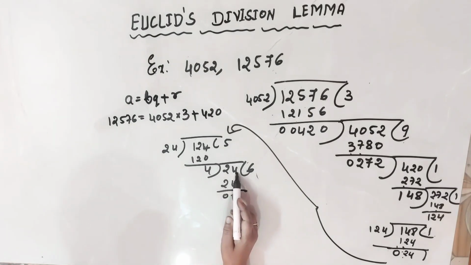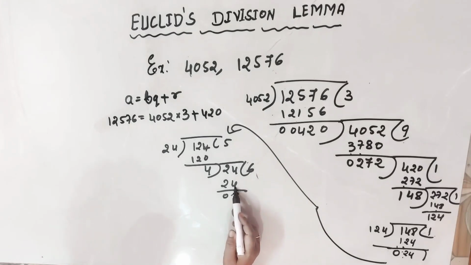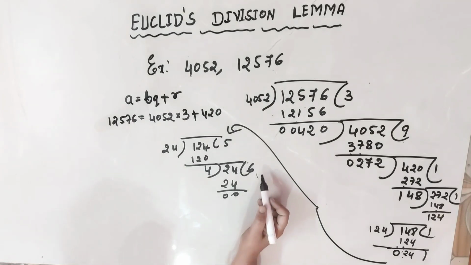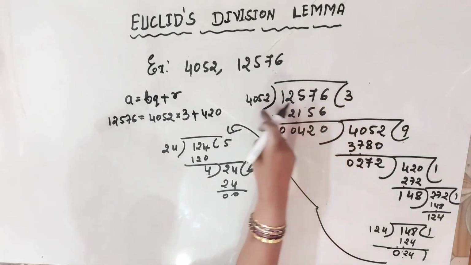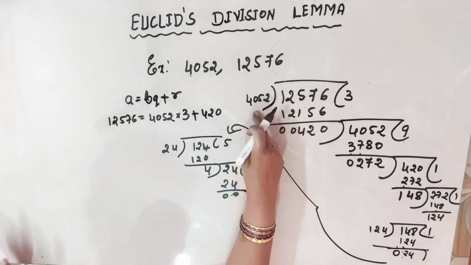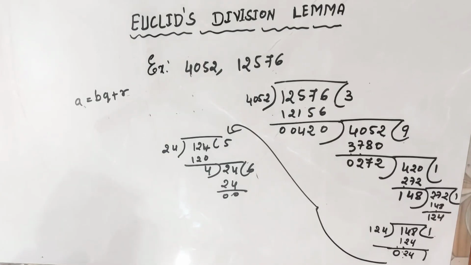Now 24 will become the dividend, 4 is the divisor, 4 sixes are 24. So here 0 is the remainder. So this is what a long division. Okay, up to where we have come here? From 12,576 divided by 4,052 to now the remainder is 0.